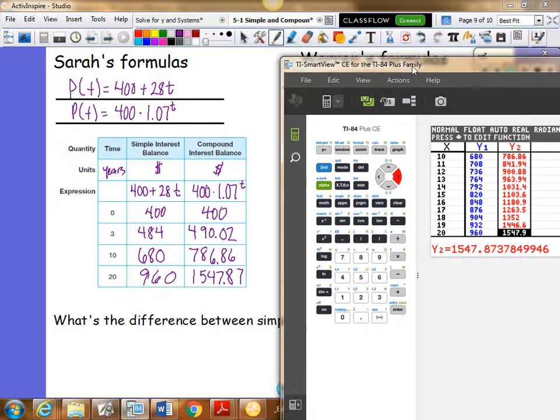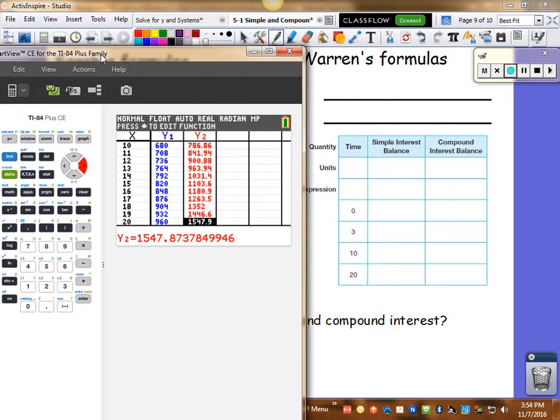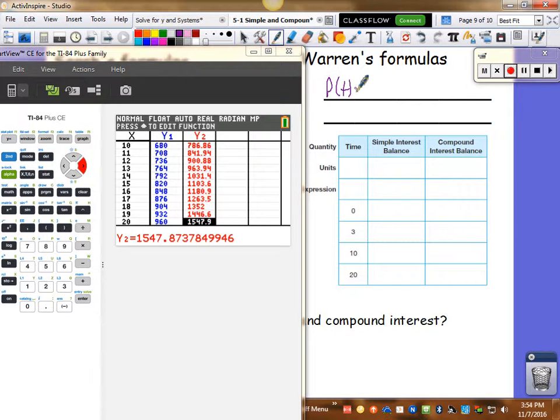Okay, let's do the same thing with Warren's equations. So Warren's equations were P of t equals 300 plus 22.5t, and his compound interest was 300 times 1.075 to the t power.